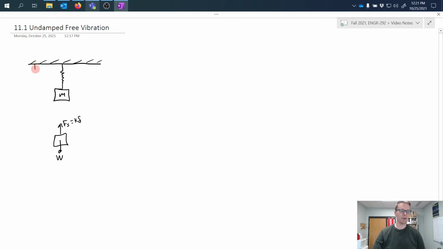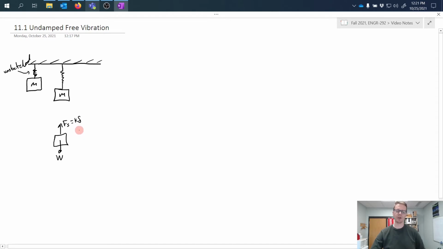So for example, over here, if I drew my mass attached to the spring again, but now we lifted the mass up so that the spring is unstretched, meaning it's in whatever orientation it would have if we didn't apply any mass or any load to it at all, then this deflection is measured relative to that.